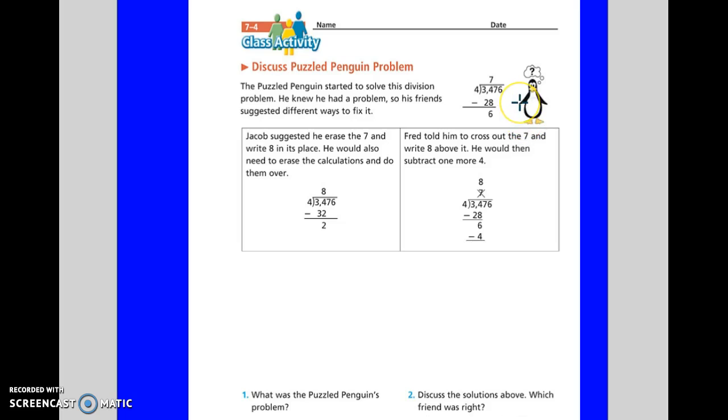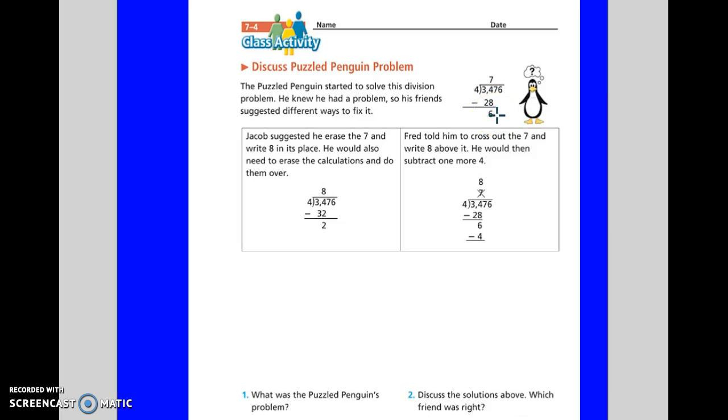So I look at it, and I'm going to go through my steps, okay? First I'm going to do my divide step. So I say 4 into 34, and they said 7. And when they multiplied, the mommy step, 4 times 7, they get 28, which is right. And they did the sister subtract, and they got 6.